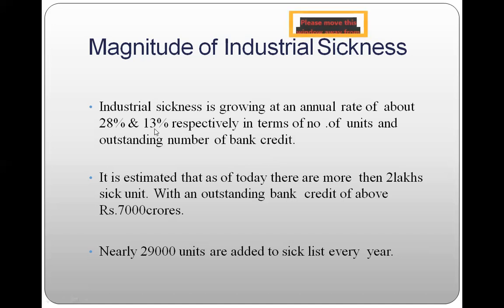Because of these two reasons, industries are being closed every year. It is estimated that as of today there are more than 2 lakh sick units with an outstanding bank credit of more than 7,000 crore. Annually, 7,000 crore is not being repaid, and this ratio is increasing every time. Nearly 29,000 units are added to the sick list every year.